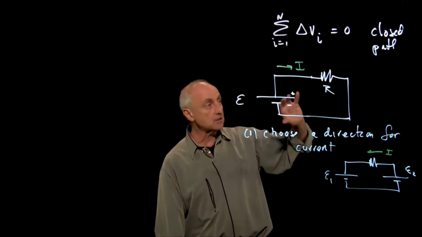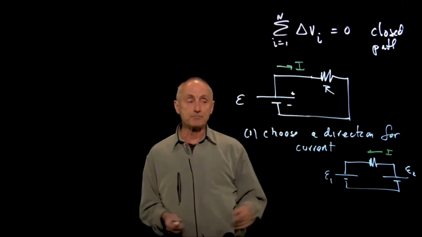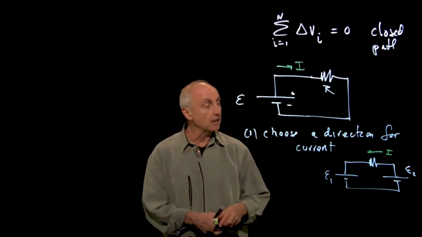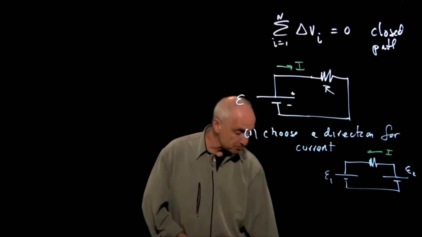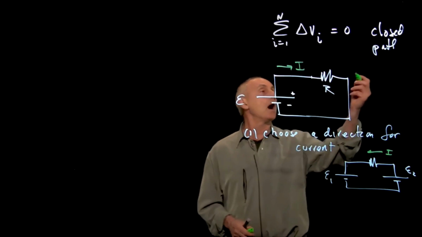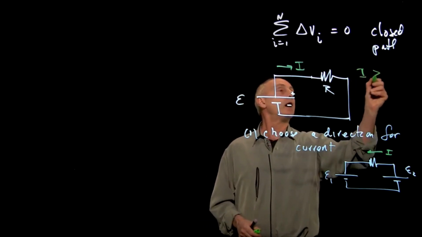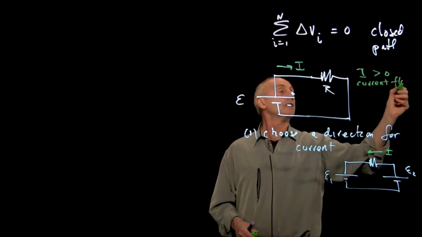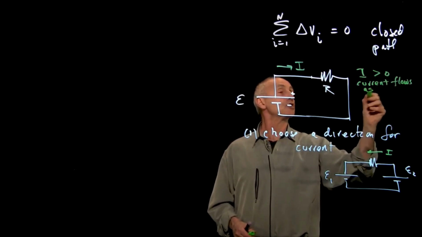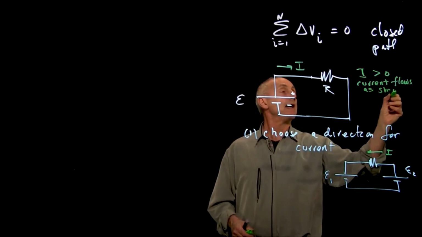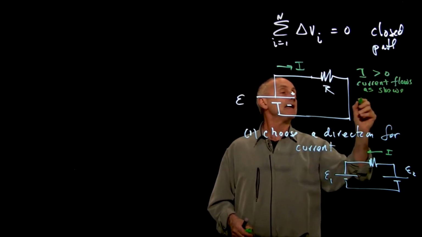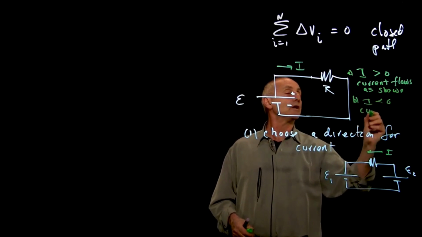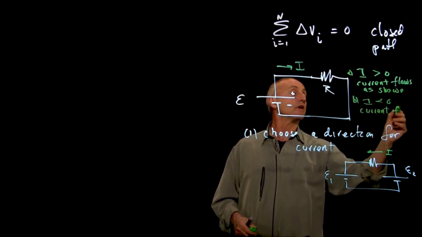So this convention gives us a reference frame for current. The important thing to think about is the following: if we end up solving for I positive, then the current flows as shown. And if I is negative, the current actually flows the other way.